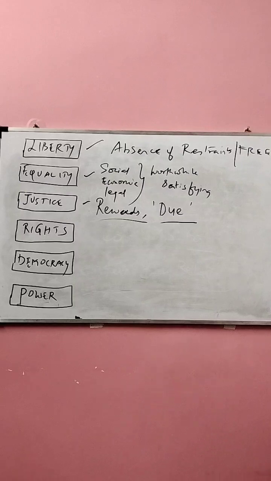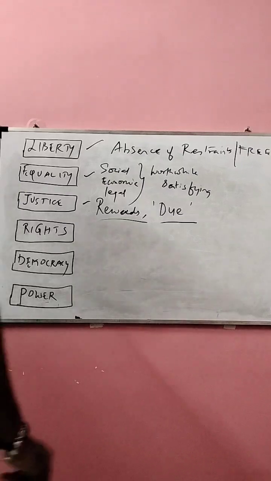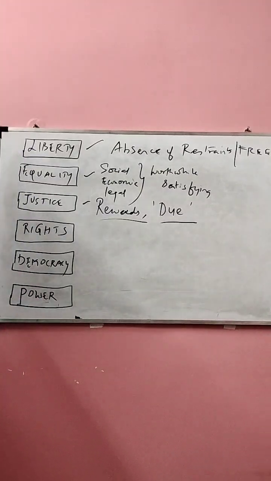A successful soldier, his due is a promotion to a higher post. Similarly, what is due for a murderer? Punishment is due for the murderer. Death sentence may be the due for the murderer. This concept is called justice.